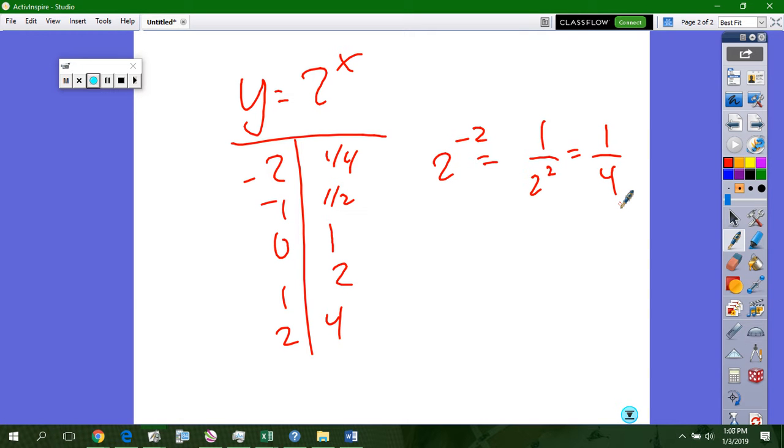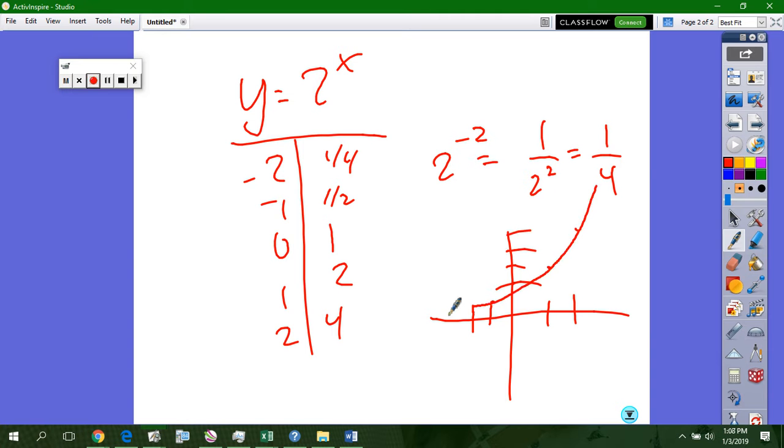Okay, I'm going to plot this. Is this an exponential growth or decay? Growth. There's a quarter. There's a half. There's 1. There's 2. There's 4. Why am I not going less than 0?